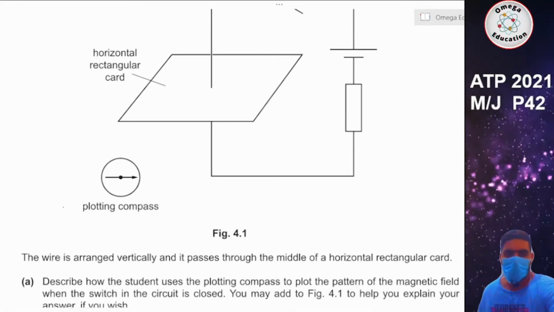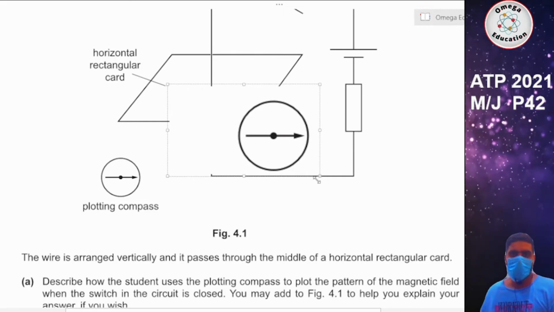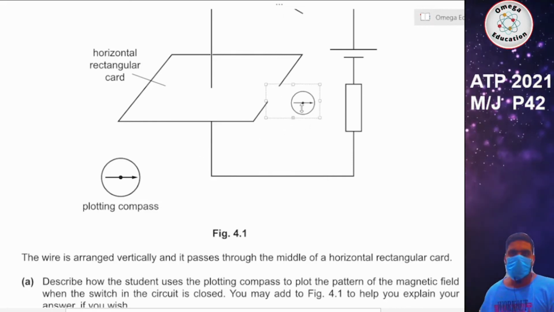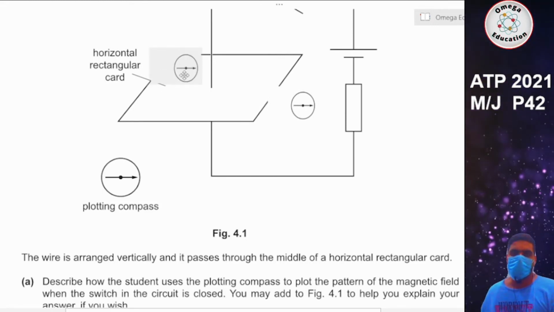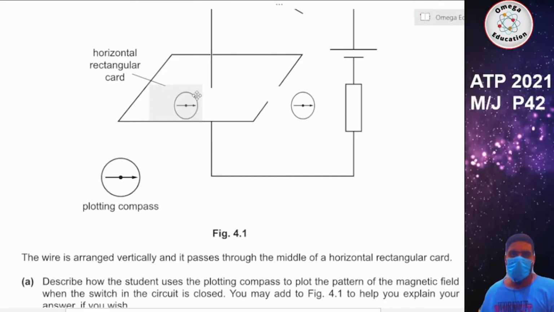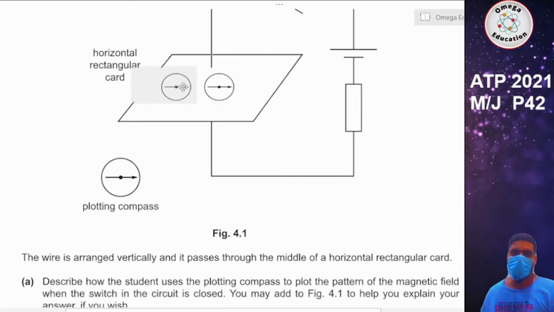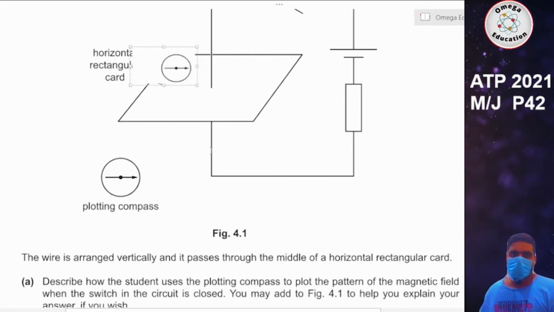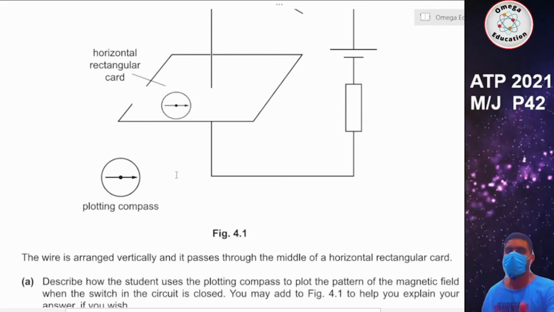So like here we have this one, and you bring the compass and place it on the rectangular card. The needle of the compass will point somewhere in a certain direction.